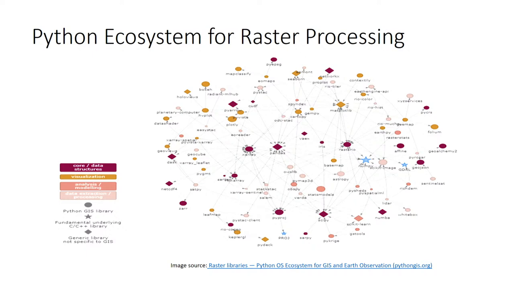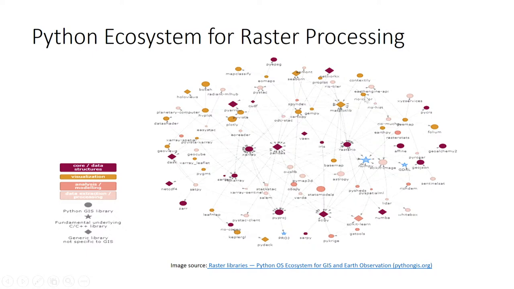GDAL is the most versatile geodata processing library. If you want to master geospatial data processing, raster is the first step towards that. A lot of proprietary software is built on top of GDAL.